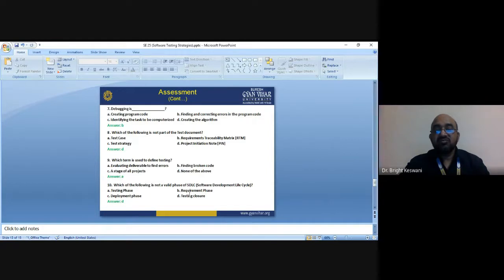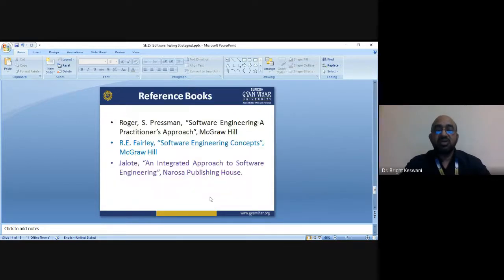Testing phase is a valid phase of SDLC. Deployment phase is a valid phase of SDLC. Requirement phase is a valid phase of the SDLC, but testing closures is not a valid phase of SDLC. So these are some objective type questions we have discussed.